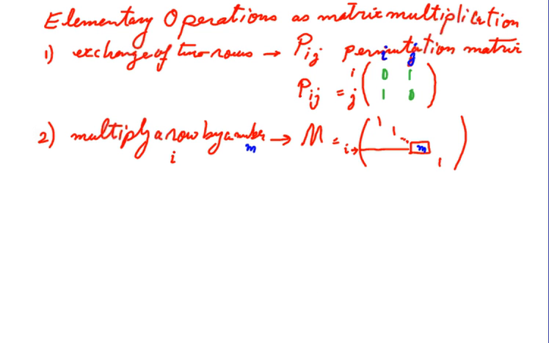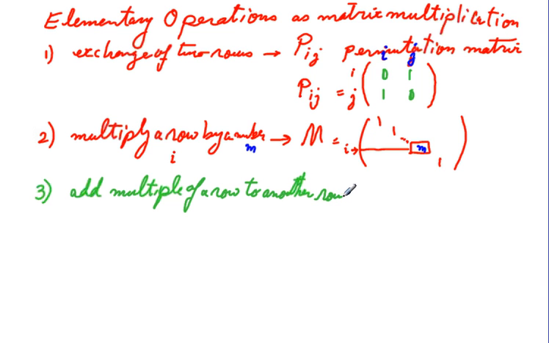Now for a more interesting one, item 3 is to add a multiple of a row to another row. So let's call this multiple M, the original row i, and the row that is going to be changed, row j.